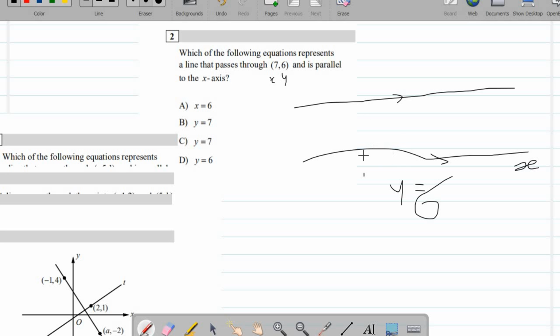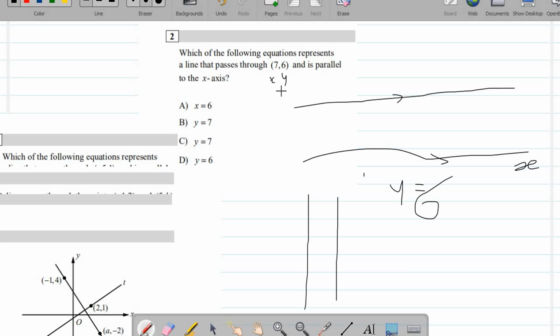Now if it was parallel to the y-axis, this is the y-axis, so any line that's parallel to the y-axis is also standing this way, and it is defined by x because it is vertical. Remember, vertical is defined by x equal to something, horizontal is defined by y equal to something.